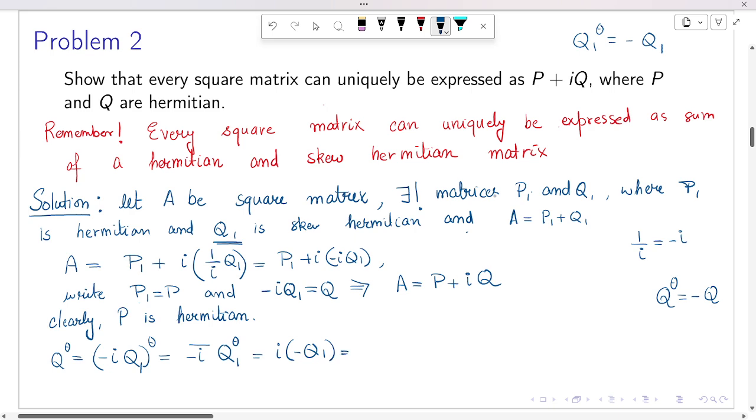So this is minus iota Q1, and minus iota Q1 is again Q. So Q conjugate is equal to Q. We need to prove Q is Hermitian, so we need to prove that Q conjugate is equal to Q. What we have proved is that Q conjugate is equal to Q. It means Q is Hermitian.